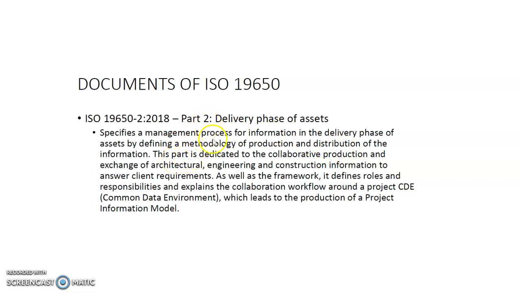So this part 2 is dedicated to the collaborative production and exchange of architectural, engineering, construction information to answer the client's requirement. As well as the framework, it defines the roles and responsibilities and explains the collaboration workflow around a project, okay, CDE. CDE refers to a common data environment, which leads to the production of the project information model.